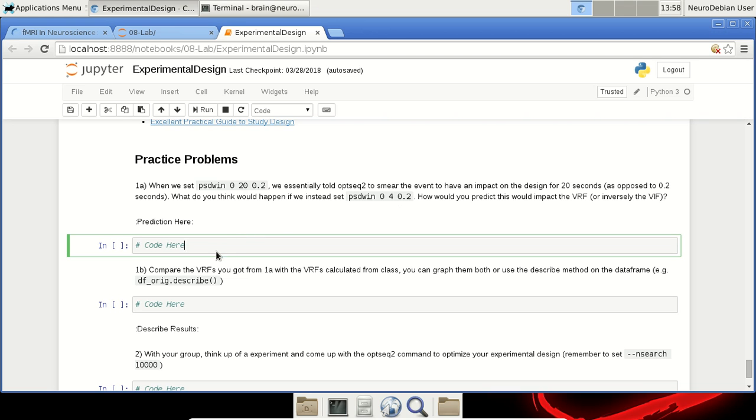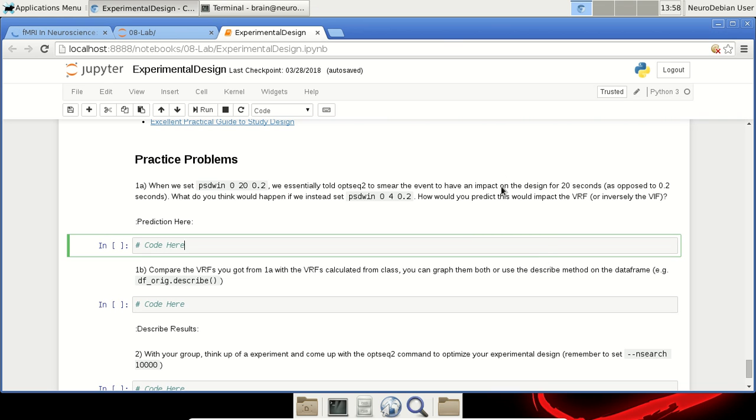So the prediction here should be that this reduces collinearity between the regressors. Because again, if we think of the regressors like columns of numbers, the length of the columns would be as long as the number of volumes that we've collected in our experiment.